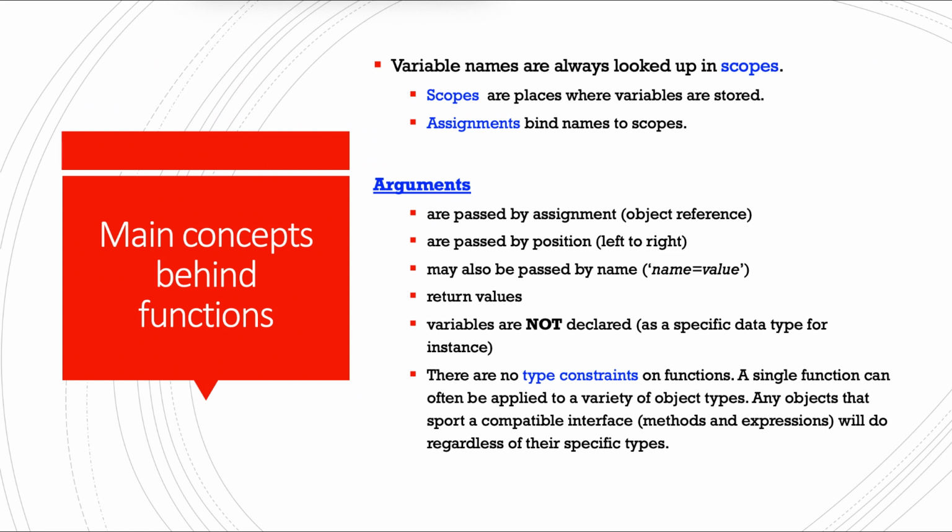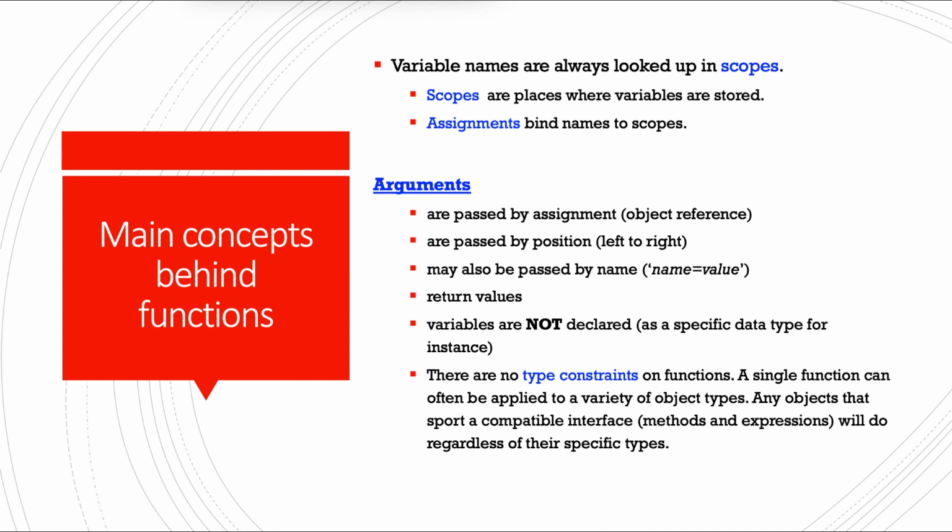Variable names are always looked up in scopes. Scopes are places where variables are stored. Assignments bind names to scopes. Arguments are passed by assignment, object reference. They're passed by position, left to right. They may also be passed by key name, name equals value.